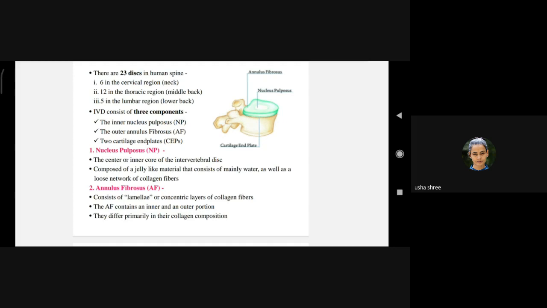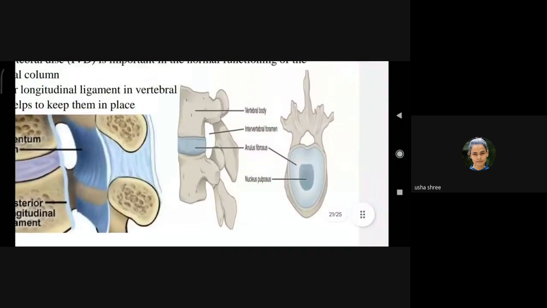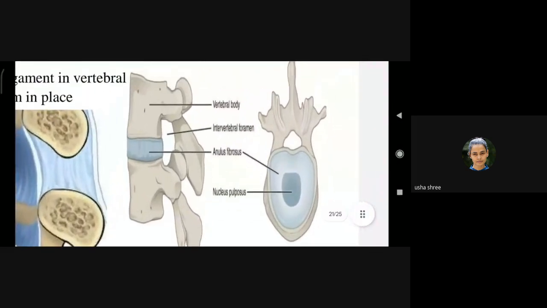We can see the nucleus pulposus in the middle of the intervertebral disc. It is clearly shown in this picture. This dark blue colored part is the nucleus pulposus in the middle of the intervertebral disc, and the surrounding fibrous cartilage is the annulus fibrosus.